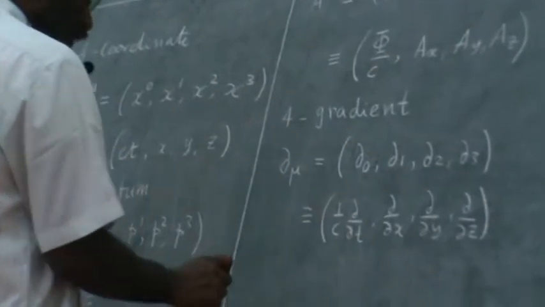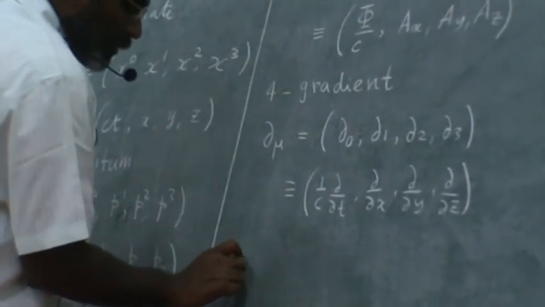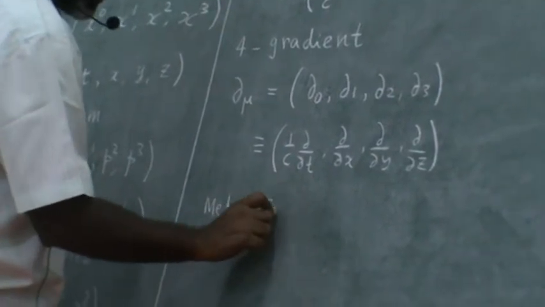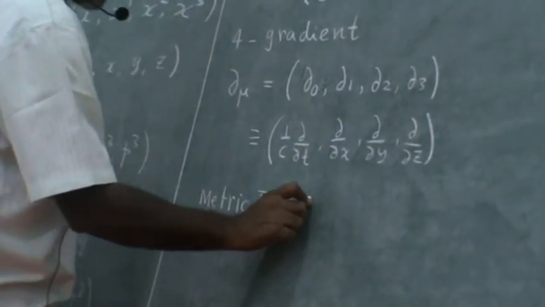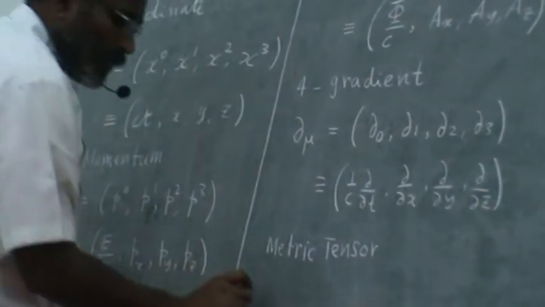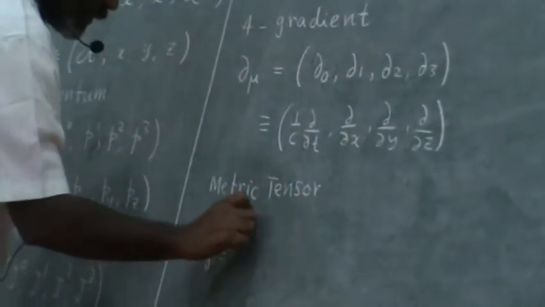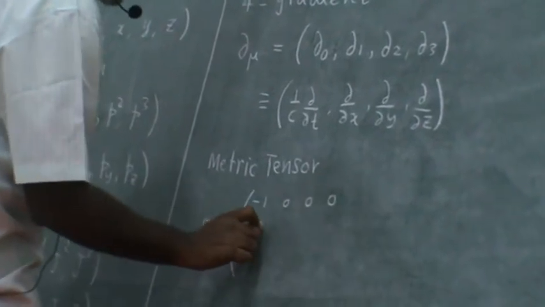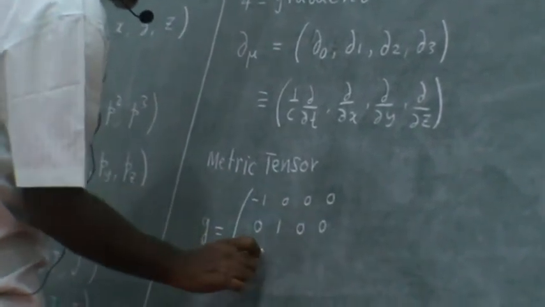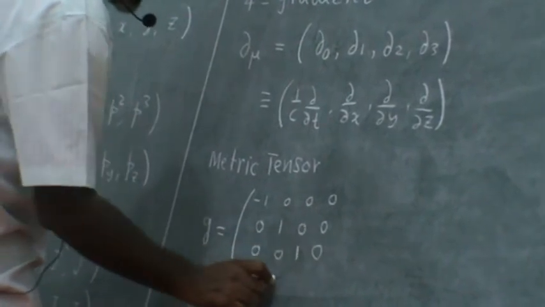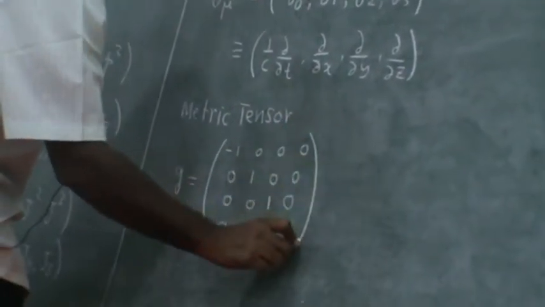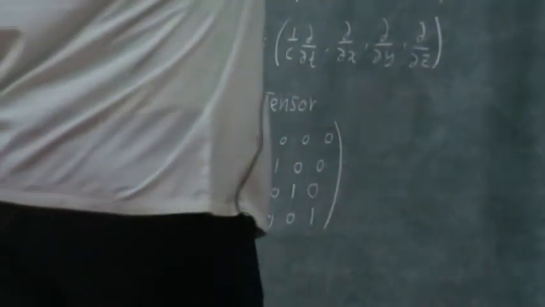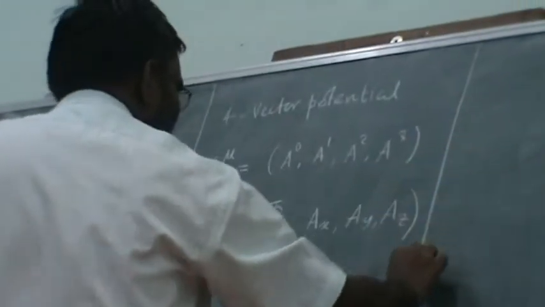The metric tensor for this four-dimensional flat space-time is given by g equal to diag(-1, 1, 1, 1), that is, minus 1, 0, 0, 0, 0, 1, 0, 0, 0, 0, 1, 0, 0, 0, 0, 1. What does this mean?